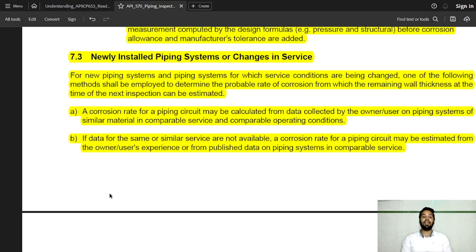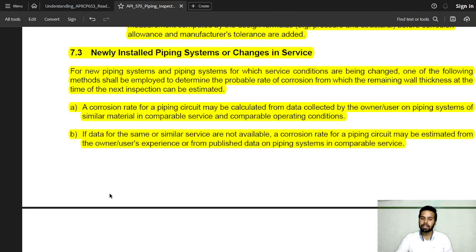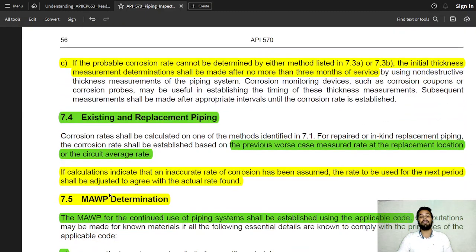If the data for the same or similar services are not available, the corrosion rate for the piping circuit may be estimated from the owner-user experience or from published data on piping systems in comparable service. If the probable corrosion rate cannot be determined by either of the methods listed in 7.3a and 7.3b, the initial thickness measurement shall be made after no more than 3 months of service.